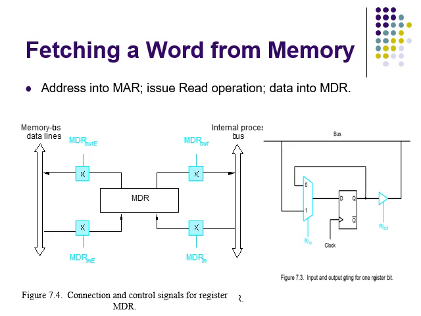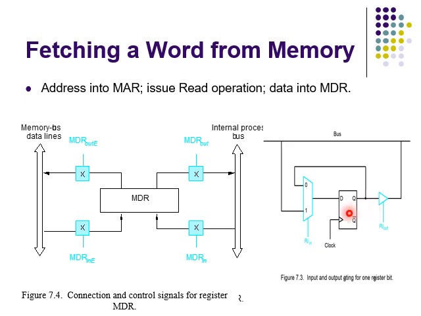The connection of the memory data register is illustrated here. It has four control signals: MDR in and MDR out, which are connected to the internal processor bus, and MDR in E and MDR out E, which are connected to the external processor bus. The circuit in figure 7.3 is easily modified to provide the additional connection.